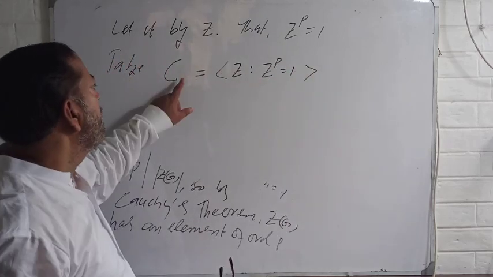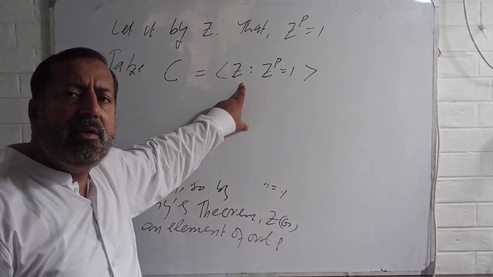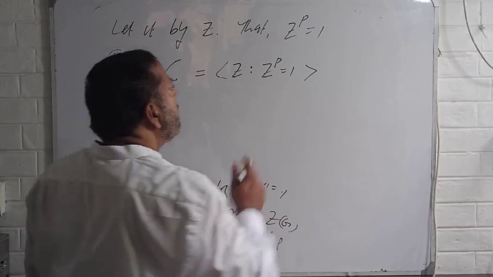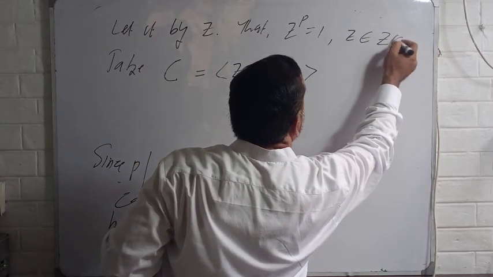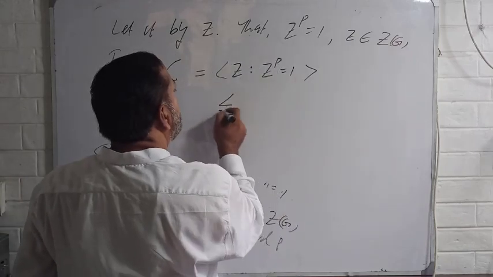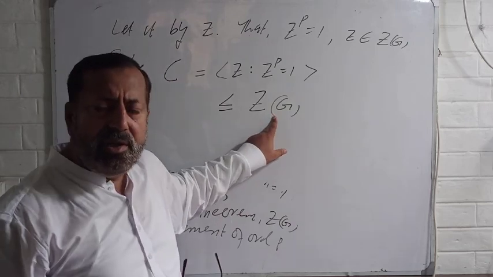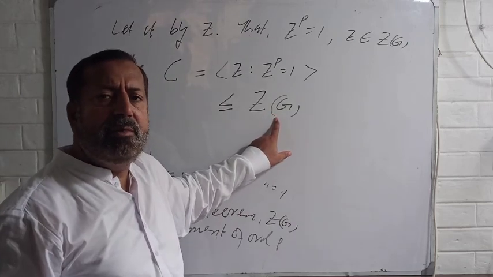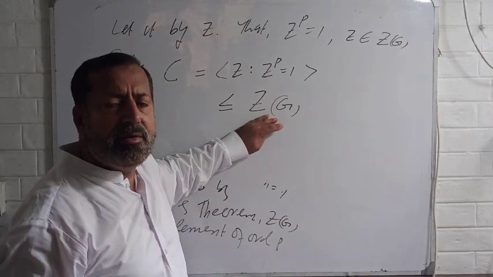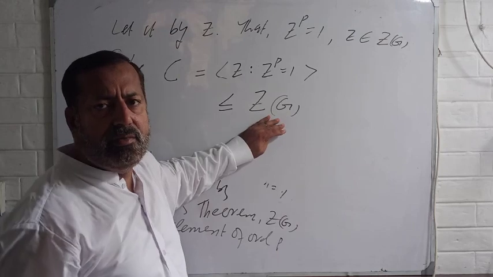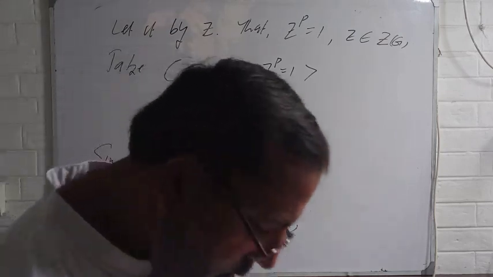Here z is in fact an element of order p, and z belongs to the center of G. So this is in fact a subgroup of the center of G. And since the center of G is abelian, every subgroup is normal in the center of G as well as in G. Right? So C must be normal in G.